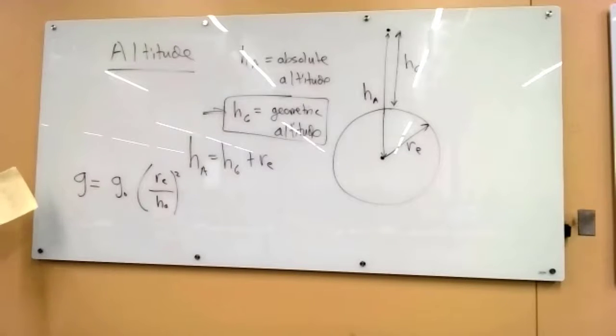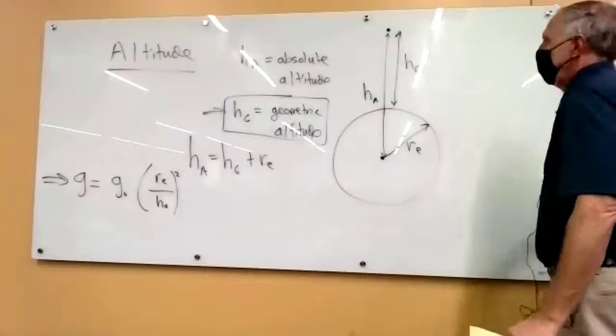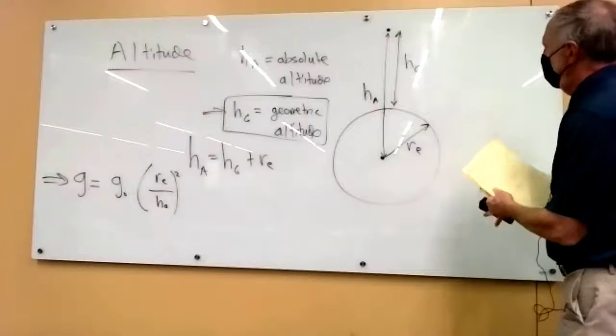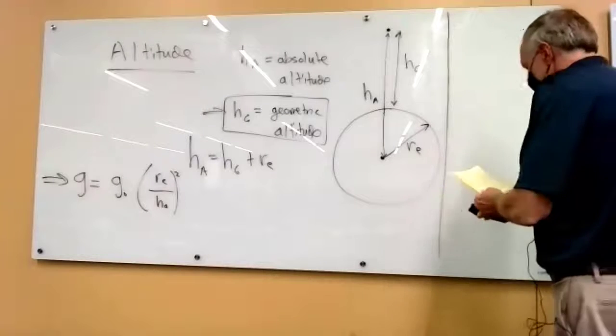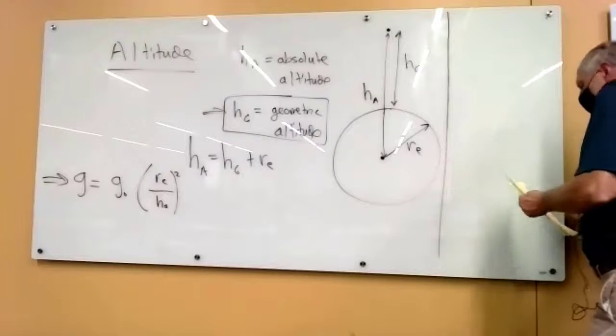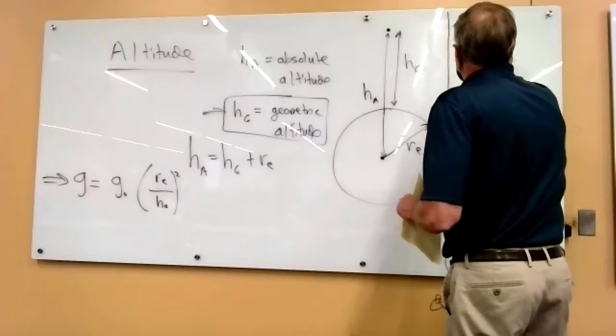In fact, gravity gets less and less as you get further and further away from the center of the Earth. So that may become important, and we'll talk more about this later, but I want to mention this now so that you remember that. But let's talk through, well, what is altitude as far as a couple of examples. Let's start over here. So I looked up the altitude of some places.